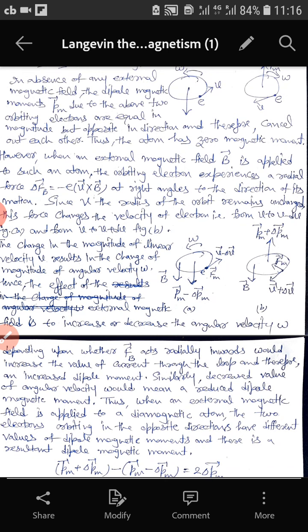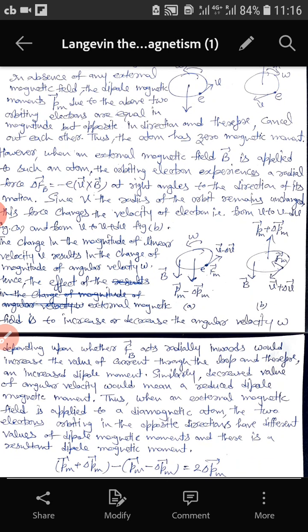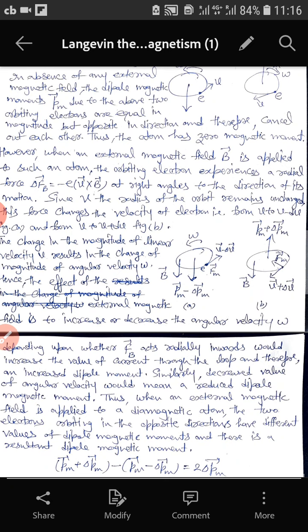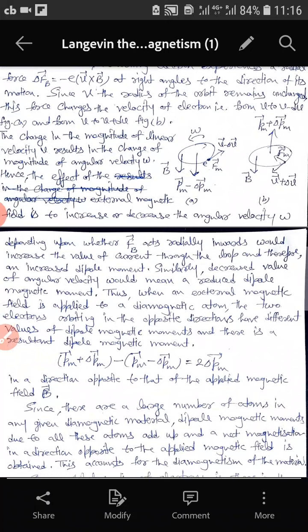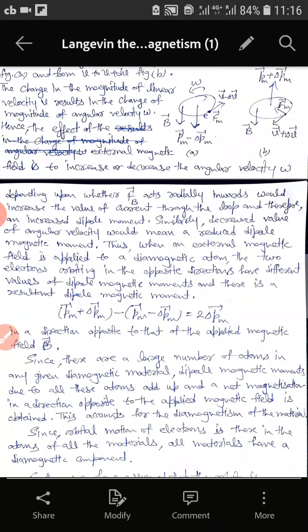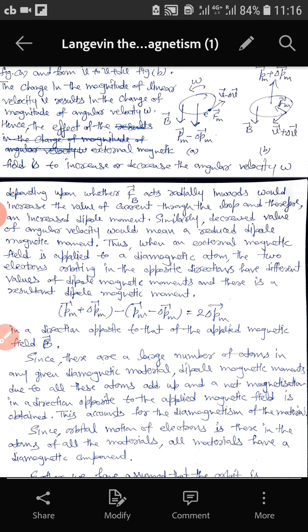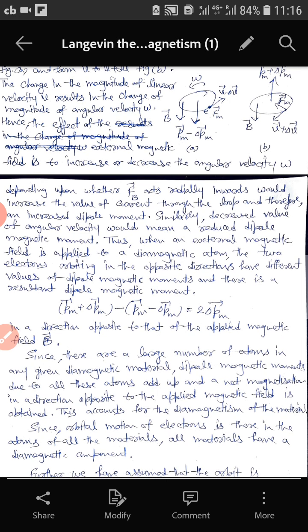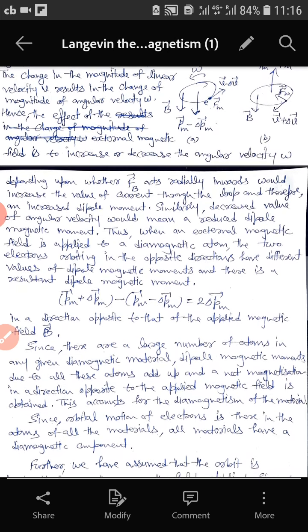The change in magnitude of linear velocity results in a change in the magnitude of angular velocity. Hence, the effect of the external magnetic field is to increase or decrease the angular velocity, depending on whether FB acts radially inwards, which would increase the current through the loop and therefore give an increased dipole moment. Similarly, a decreased angular velocity would mean a reduced dipole magnetic moment.